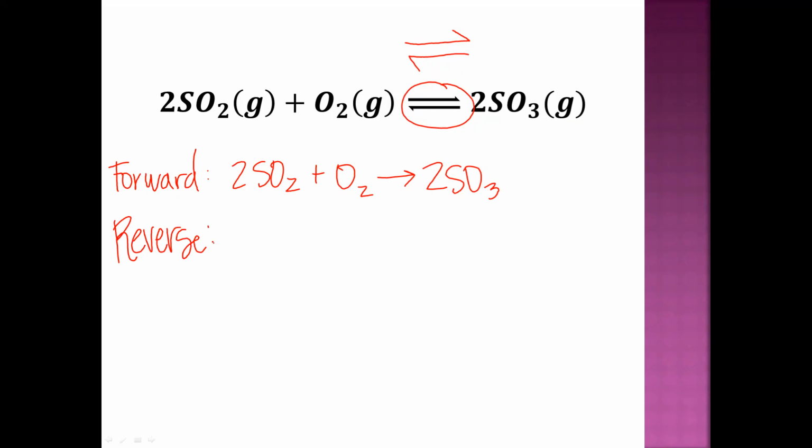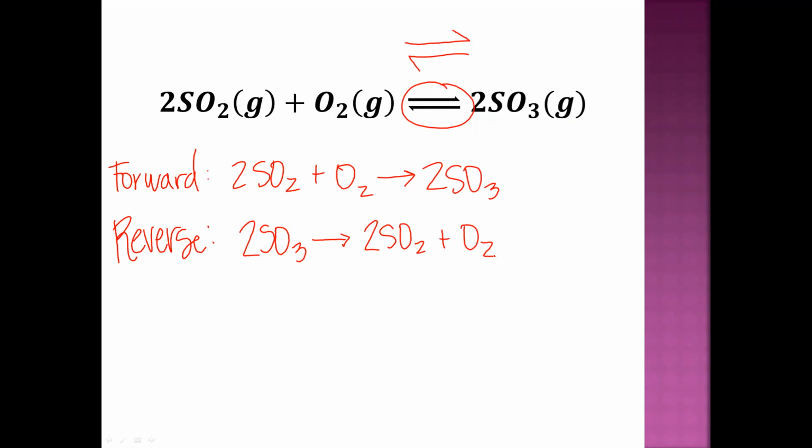For the reverse reaction, the product, the SO3, goes back and changes into the other things. So that time, it would be the 2 SO3, and then arrow 2 SO2 plus O2.